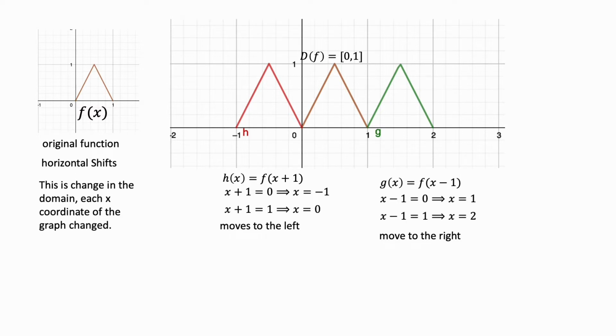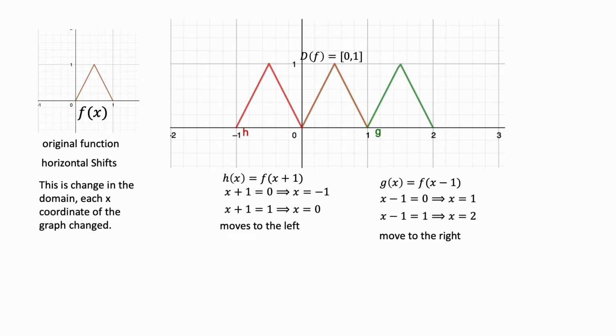And in fact, if you take any point on the graph, set that x value of that coordinate to x plus 1, solve for it, it's going to shift it to the left 1 unit. Now if you take the function and inside the parentheses you change the domain by doing x minus 1, I know that what's inside f can only be numbers from 0 to 1.